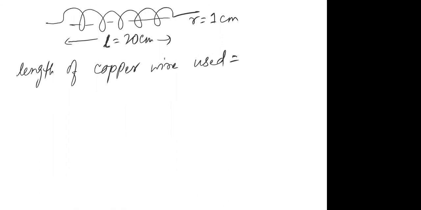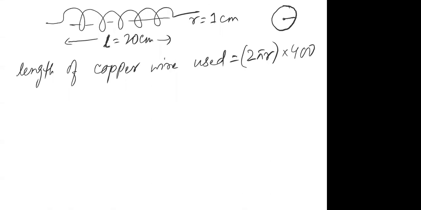See, each turn of the solenoid is a circle, right? And to form a circle, you need a length equal to 2 pi r, which is the circumference of the circle. So this will be the length required to form one circular turn. So what would be the length required to form 400 turns? I'll just multiply it by 400.